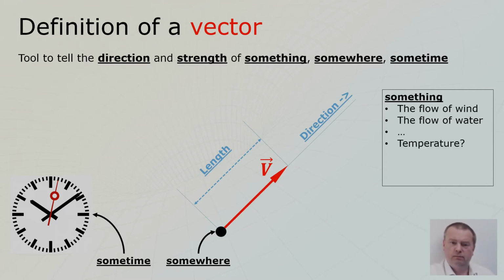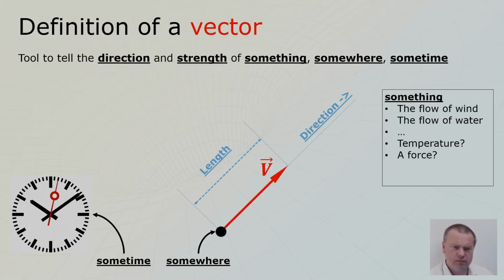Trick question. Temperature. Is temperature a vector? Think about it. No, it's not, right? Temperature has a strength, but it has no direction. It's just there, somewhere, sometime, with some strength, but it doesn't have direction.